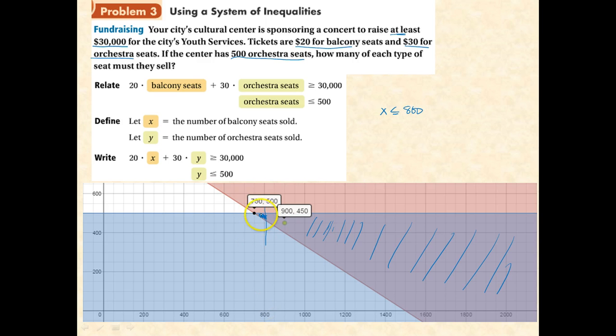It would have to be less than 800 balcony seats and less than 500, so you can only be in this little area right up here. I don't know how many balcony seats there are. They didn't tell me. But depending on how many balcony seats, you can pick a point over here and that'll satisfy your $30,000 requirement.